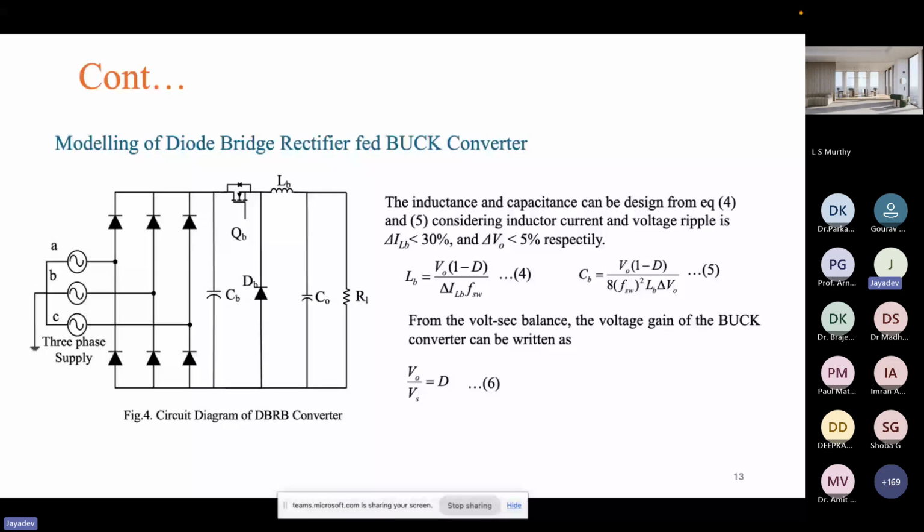In this case also, we decide the ripple inductor current del ILB, which is also 20%. Maximum we can go up to 30%, but we take around 20%. The same for del V naught, the ripple voltage across the capacitor, we take 3 to 5% of the average output of the system. In this case, we design the inductance value and capacitance value for the buck converter also.